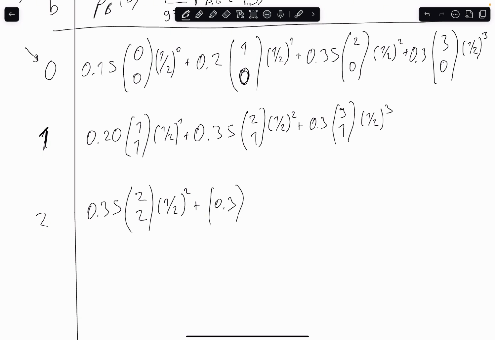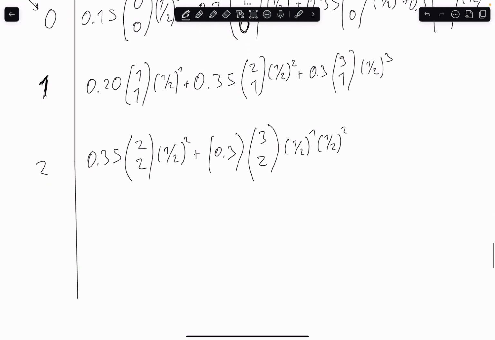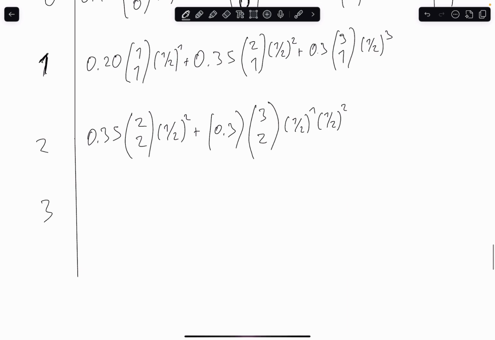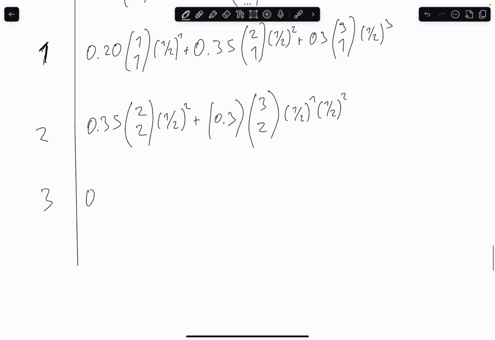Probability of having 3 children is 30%, and 2 of them are boys, and you have to multiply it with having 1 girl and 2 boys. For 3, probability of having 3 children is 30%, 3 of them are boys, and probability of having 3 boys is this.